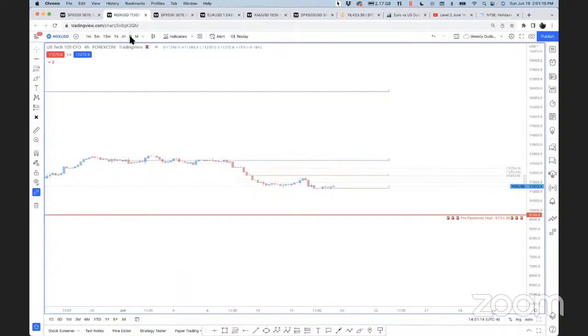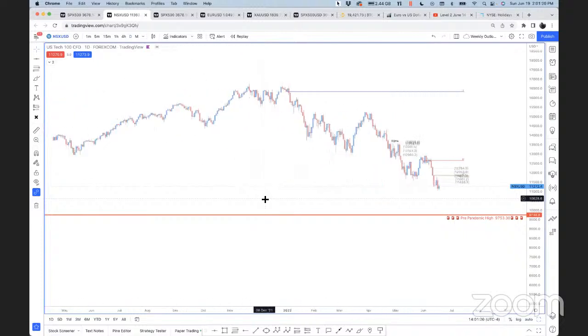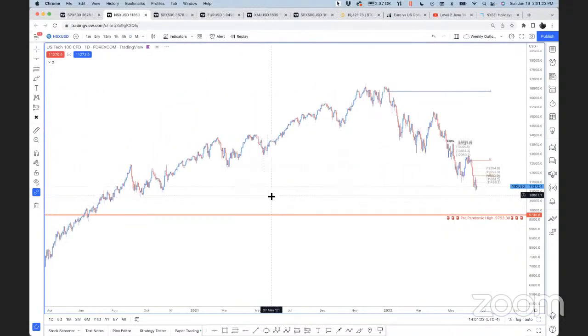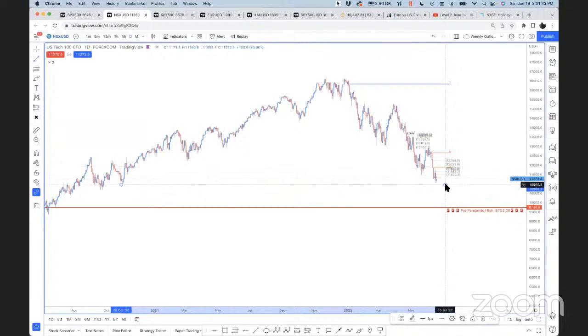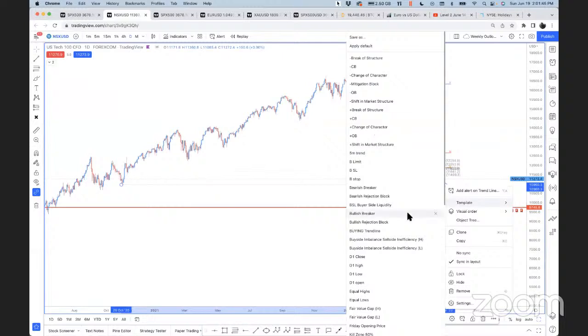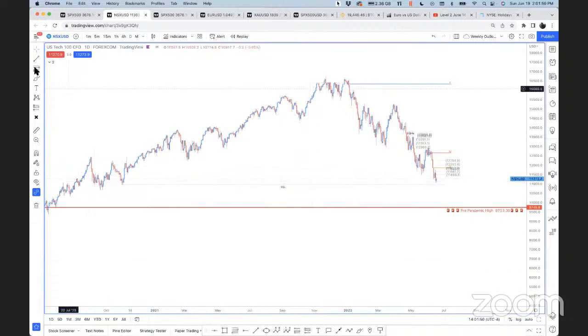I don't necessarily see us going down to this pandemic high yet, but on the daily, we might want to target this low, and these two lows.